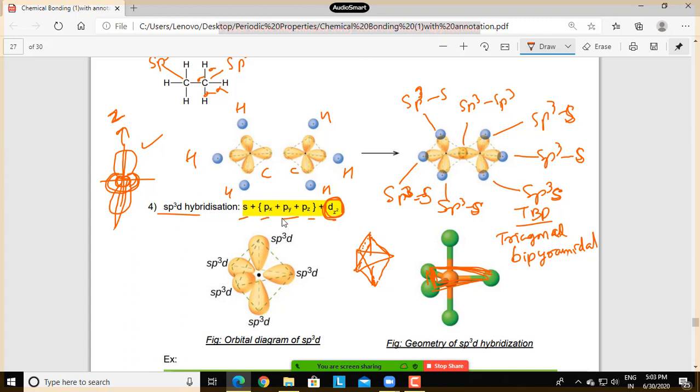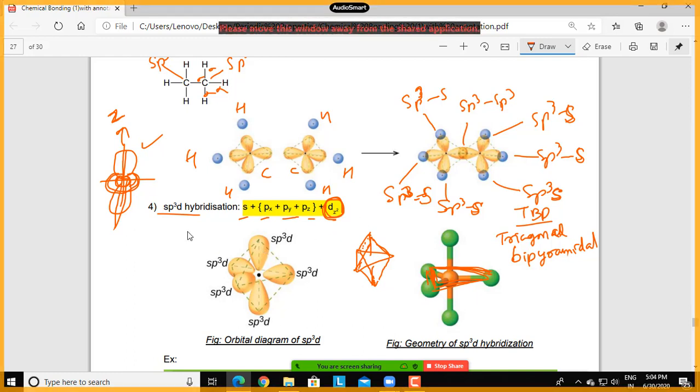So if these all are mixing, the hybridization name is sp3d. So you can write sp3d hybridization. Is it clear?